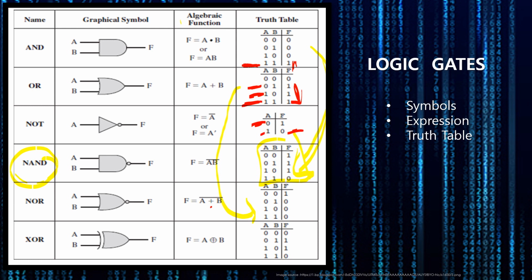And exclusive OR means exactly one value should be true, and only then we get the true value. I hope all these concepts are clear, because this is a very important slide: all these expressions, symbols and truth tables we need to apply when we draw the circuits.